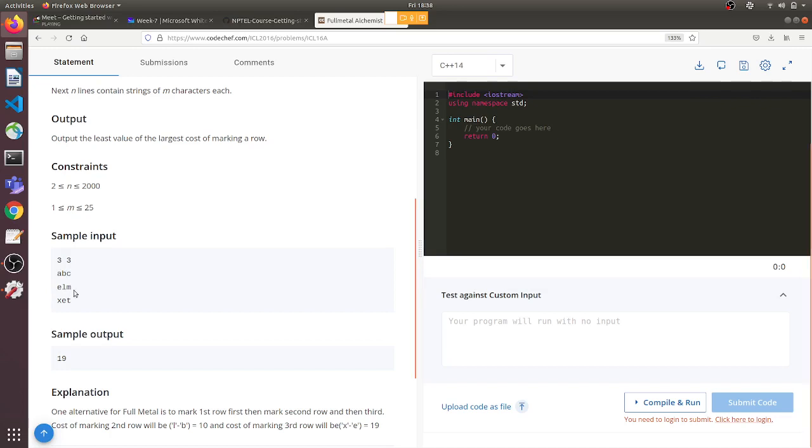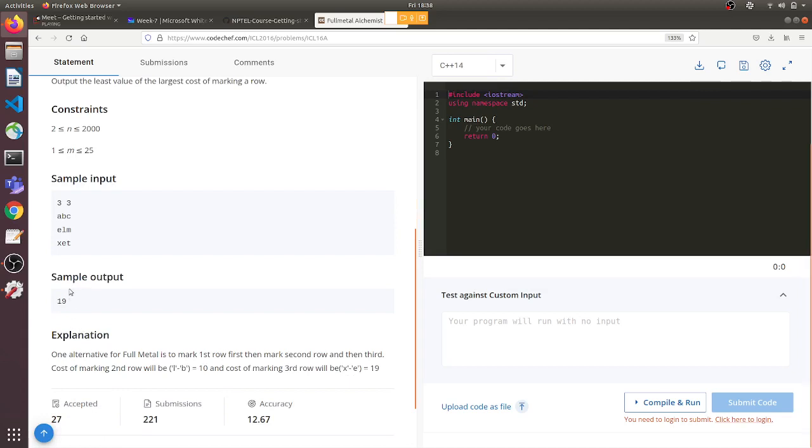If we mark the second row, already we have marked only the first row, so we take the distance only from that, which is 10 here. But for the third row, we have marked both the first and the second, so then we choose the one with the minimum distance.